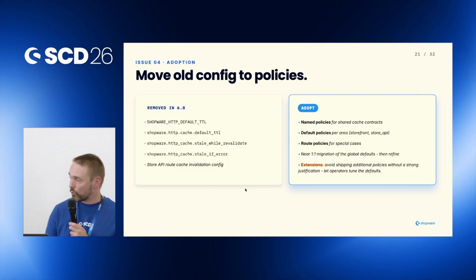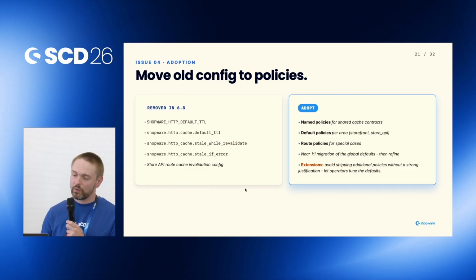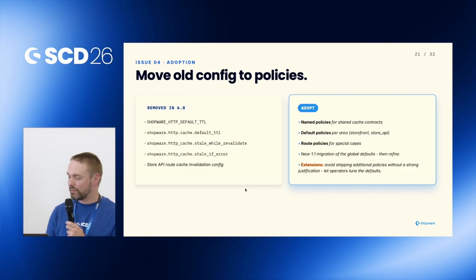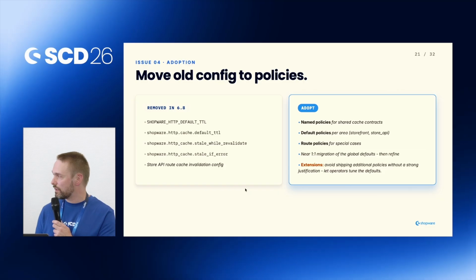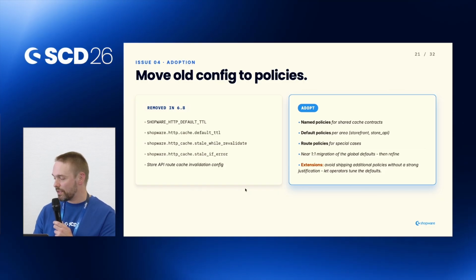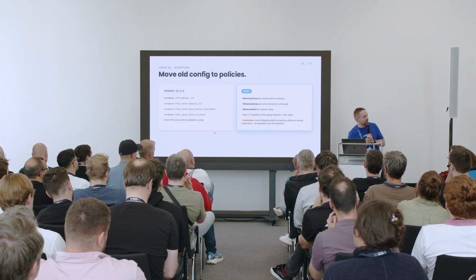And a very important thing: if you are maintaining an extension, please avoid shipping additional policies without good justification, because that increases the configuration surface for operators and is maybe not so nice.